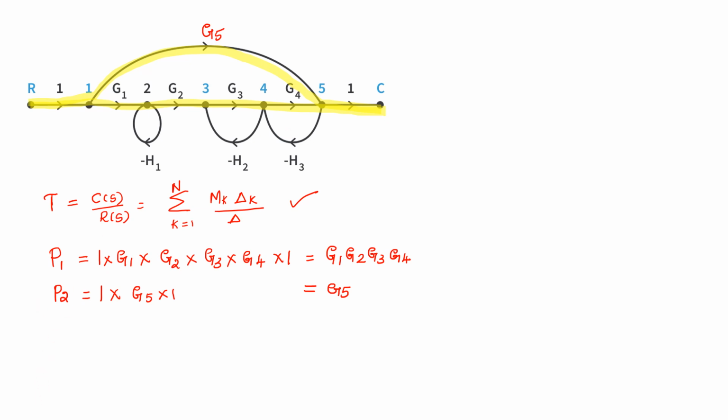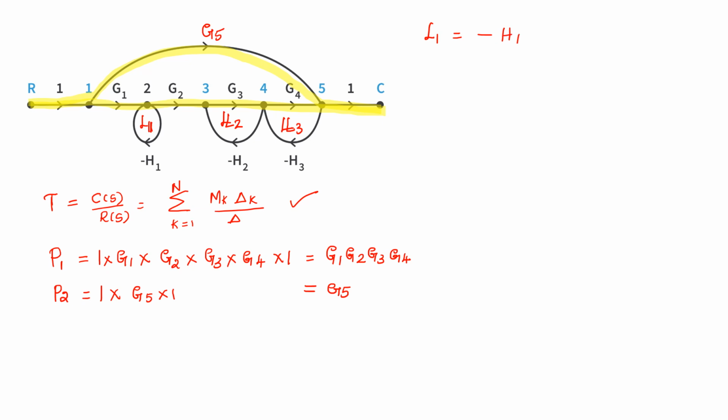Now I am going to write the gain product of loop 1, loop 2 and loop 3. Here this is loop 1, this is loop 2, and this one is loop 3. I am going to write the loops individually. Loop 1, what is the gain product?